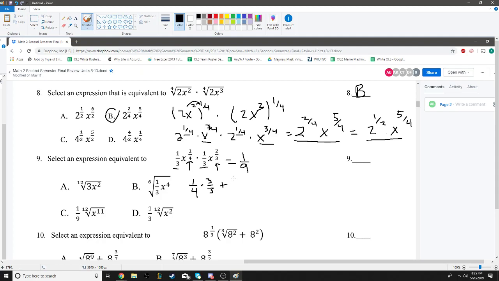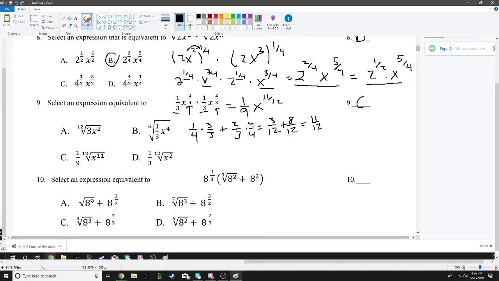And we're going to multiply by 4 top and bottom to the 2/3. So this is 3/12 plus 8/12, which is 11/12. So it's 1/9 times x to the 11/12. C.